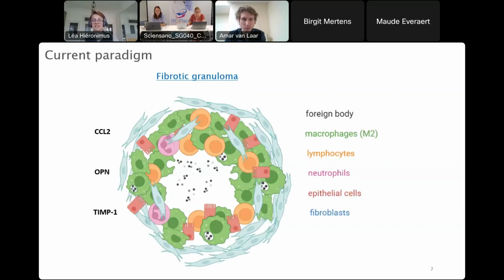At this stage, new cells are added, epithelial cells and fibroblasts will invade the granuloma, further isolating the cytotoxic particles from the healthy surrounding tissues. At this stage, CCL2 and osteopontin are still important, but there is a new one, and the third one is TIMP1.